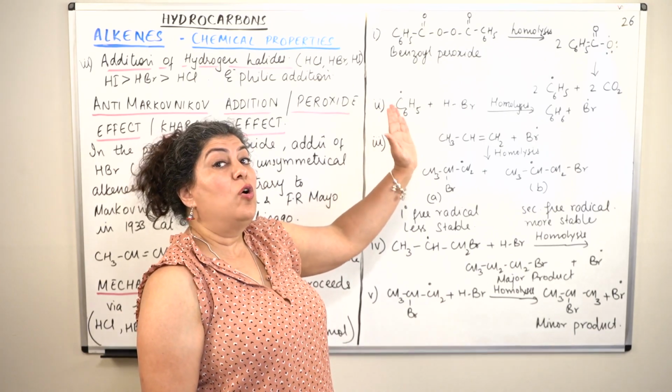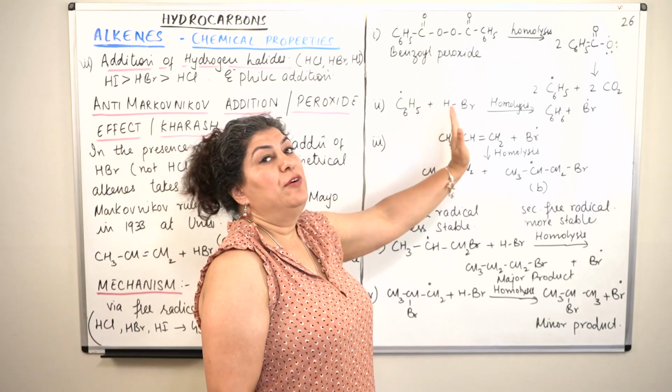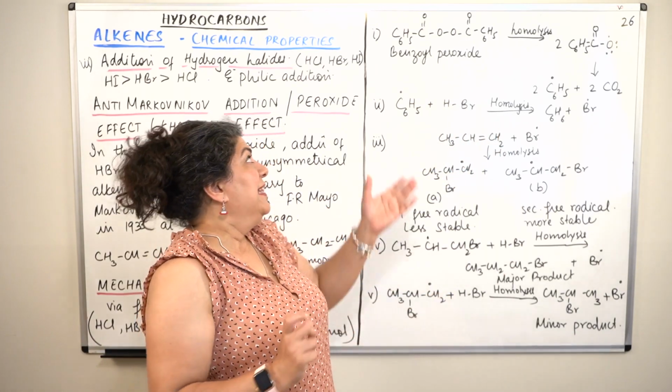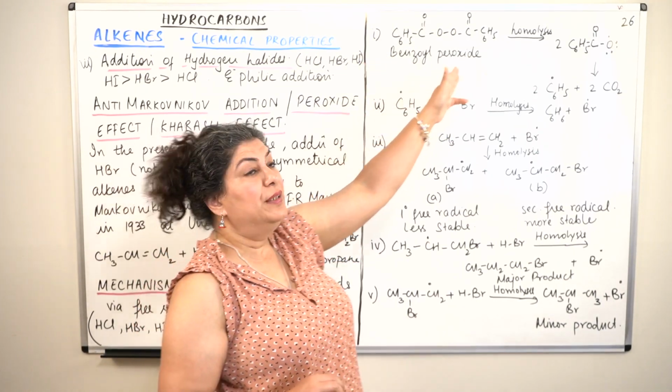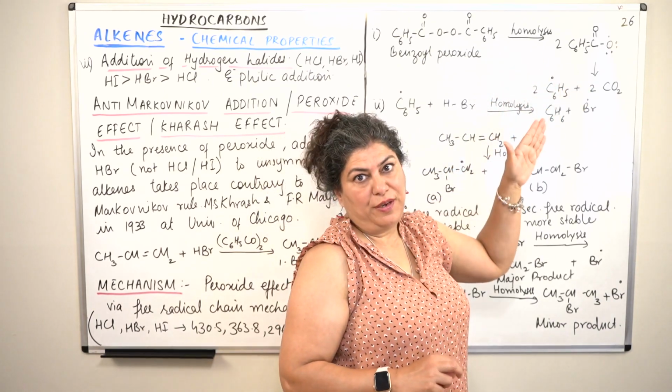This free radical causes the homolytic cleavage of hydrogen bromide. So the chain reaction has started. First step was the formation of the free radical, which was C6H5.